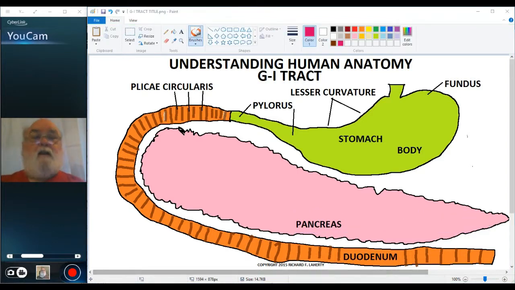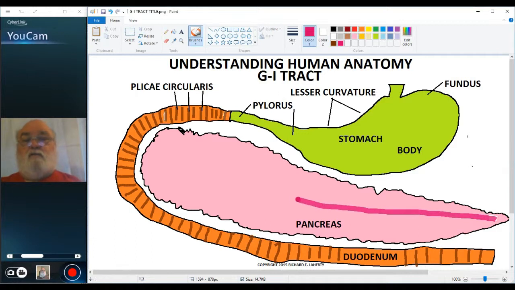What you're going to find if you look at the inside of the pancreas and dissect away, is that it has a main duct that runs the length of the pancreas and comes over to open into the duodenum.